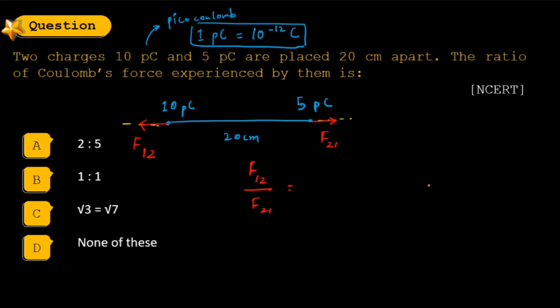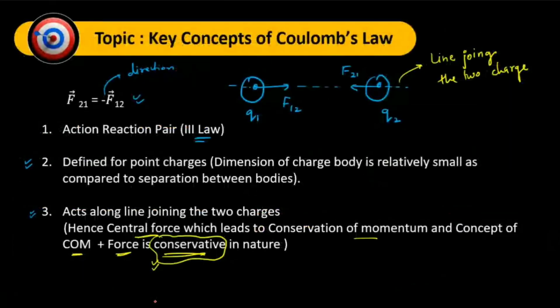I just told you in the earlier slides that whatever force the 10 picocoulomb charge experiences due to the 5 picocoulomb charge will be the same as the force the 5 picocoulomb charge experiences due to the 10 picocoulomb charge. As we mentioned in the previous slides, F21 is always equal to negative of F12, because the forces they apply on each other are the same in magnitude.